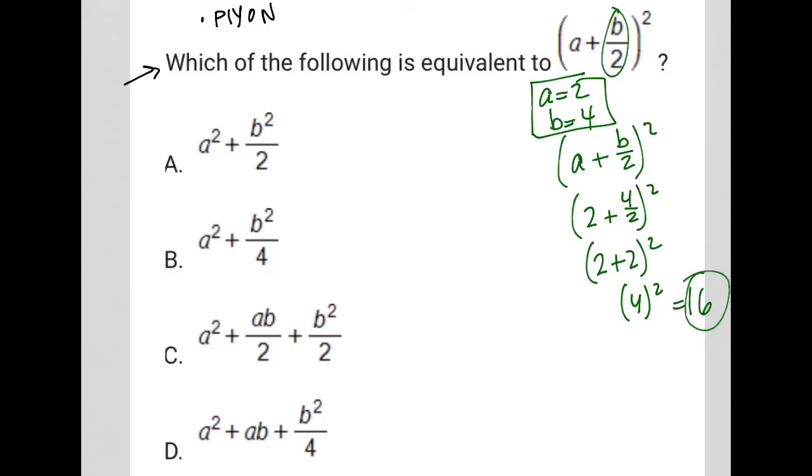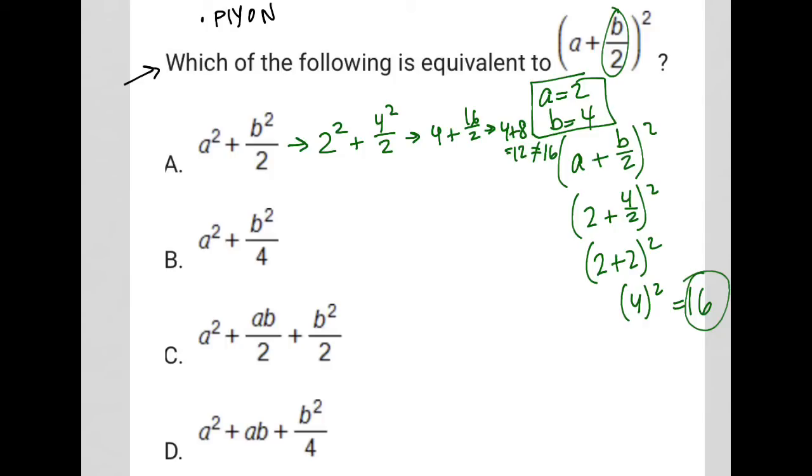So for choice A, if a were 2 and b were 4, this would become 2 squared plus 4 squared over 2, which is 4 plus 16 over 2. 16 over 2 is 8, so this becomes 4 plus 8, which is 12, which is not 16.